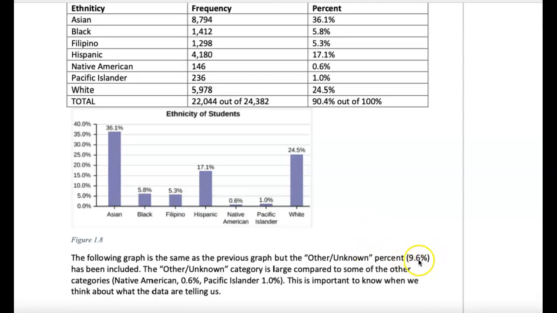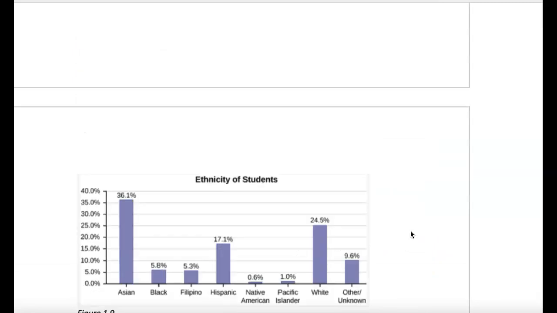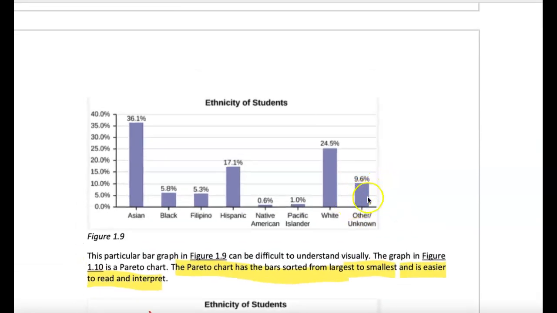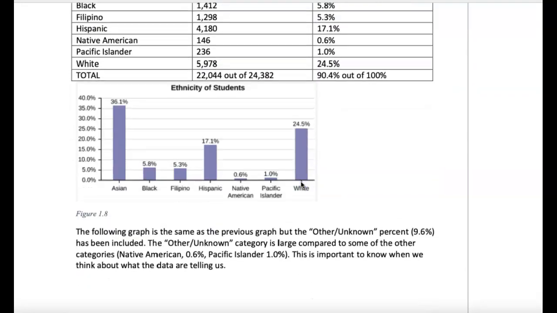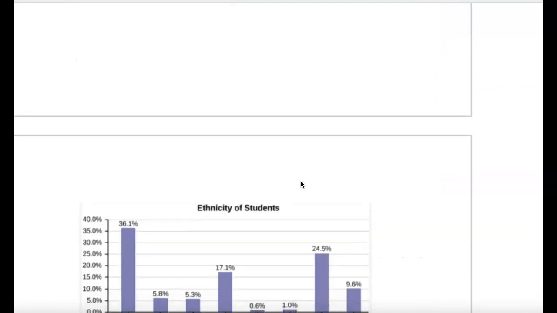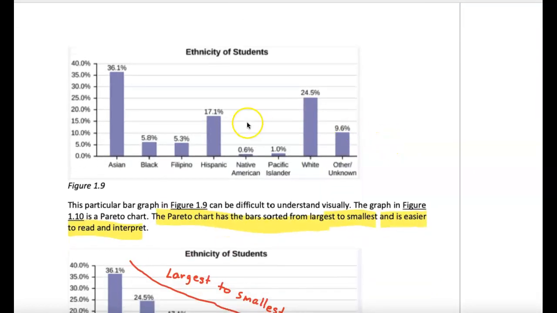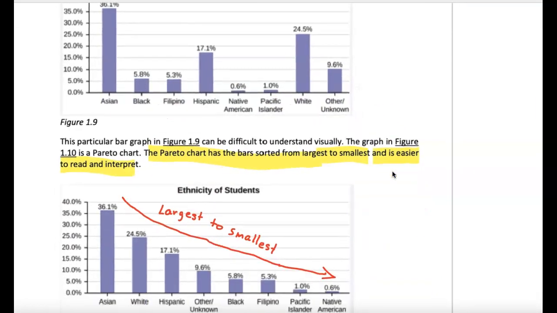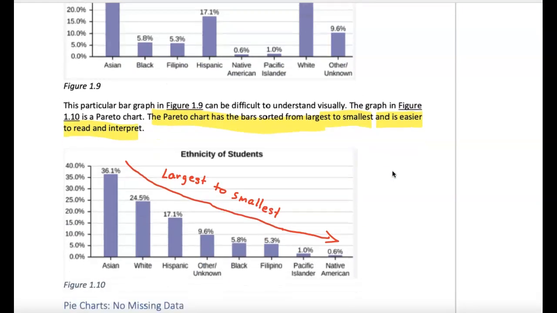But the unknown percent then pops up here, and that changes it. Do you include unknown? Like when you ask a question, race, ethnicity questions, any types of data you collect. So again, you got to be mindful of the data. Any data you look at, is there missing data? So it's important to have a deeper sense of analyzing data, right?